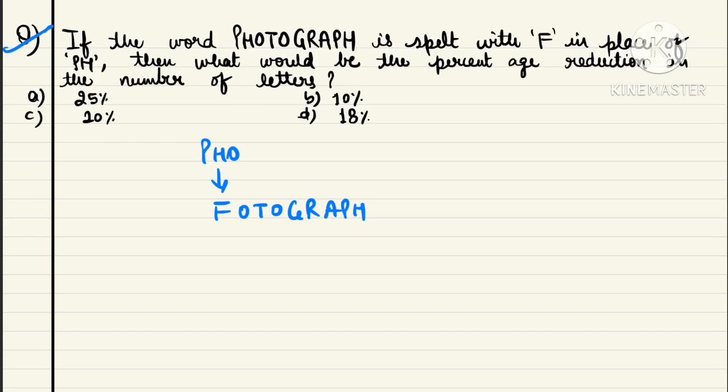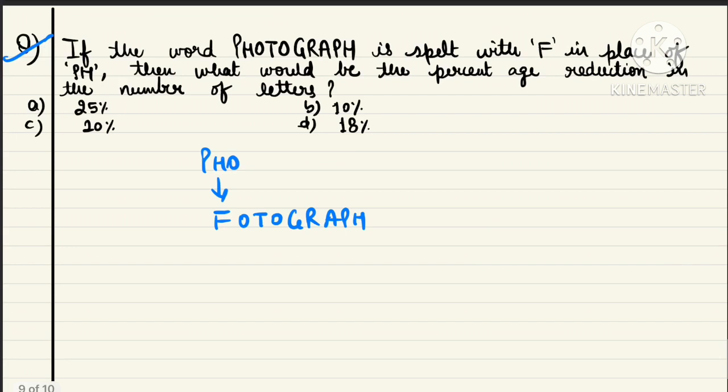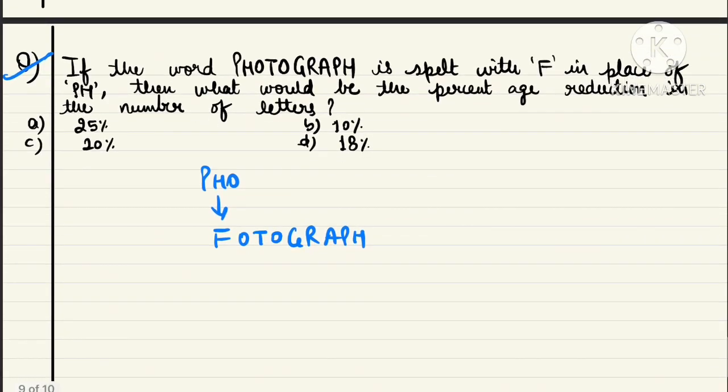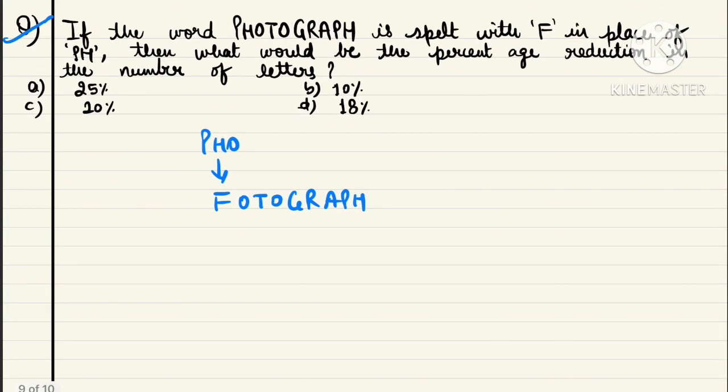Then what would be the percentage reduction in the number of letters? Previously, how many alphabets were there? If you count in photograph, we have 10 alphabets. And if you replace PH by F, then it will definitely be 8.